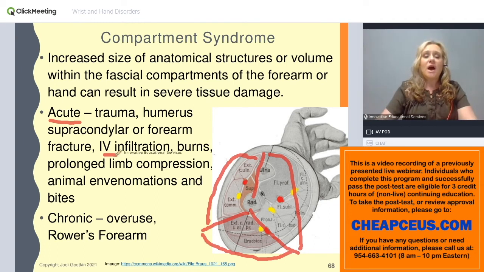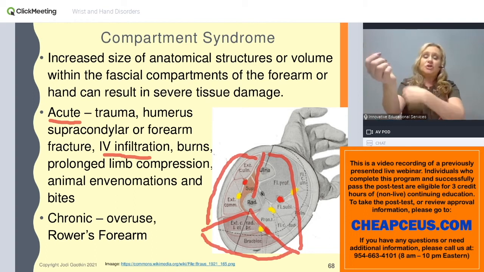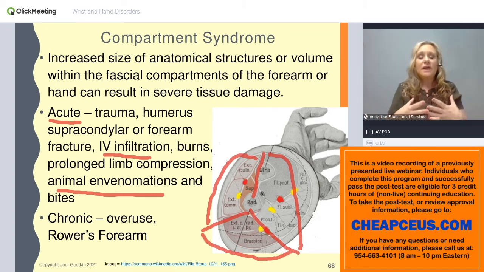Individuals who have IVs in the area that become infiltrated, or someone who maybe used IV drugs and became unconscious where they left that tourniquet on, can develop a buildup of fluid and compression in the area, as well as circumferential burns. Bites from different animals or snakes can inject venom into the area and create an inflammatory process.